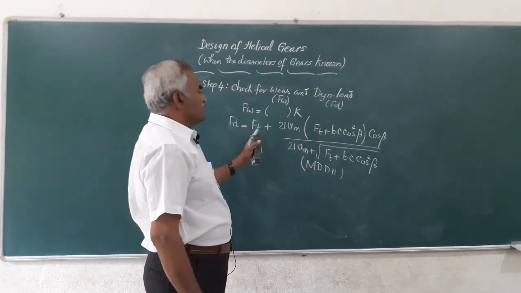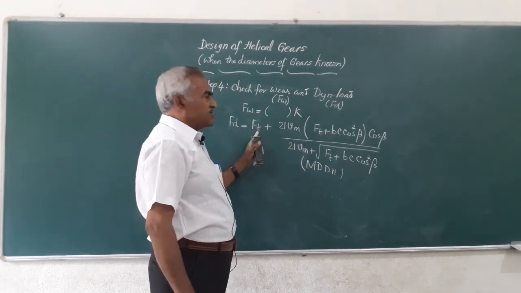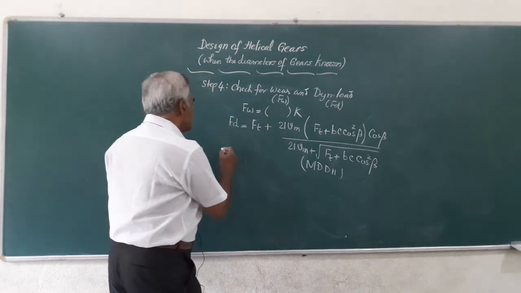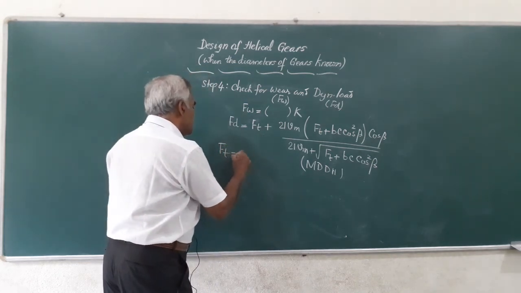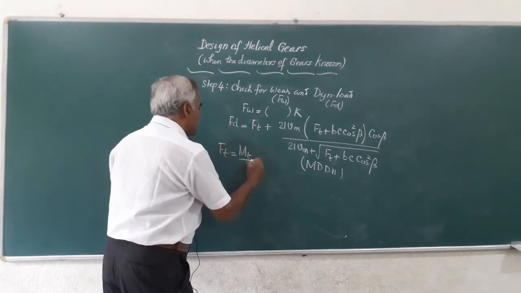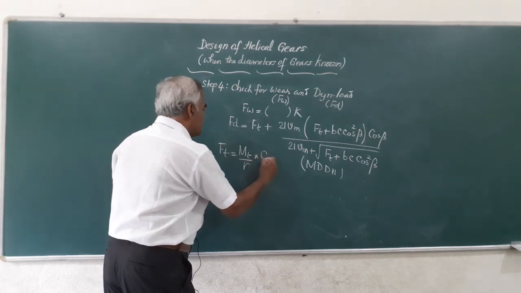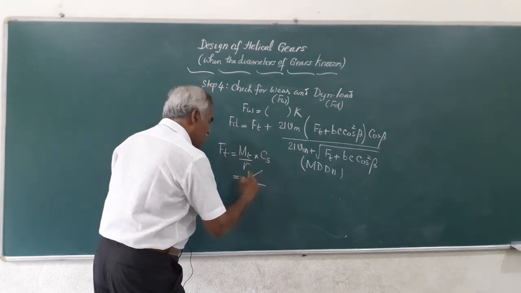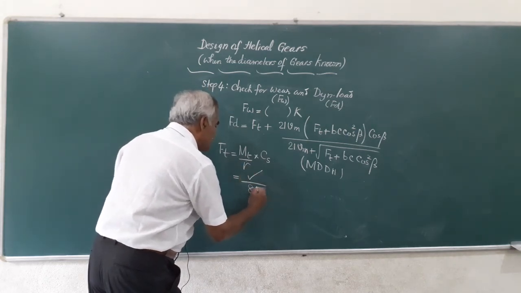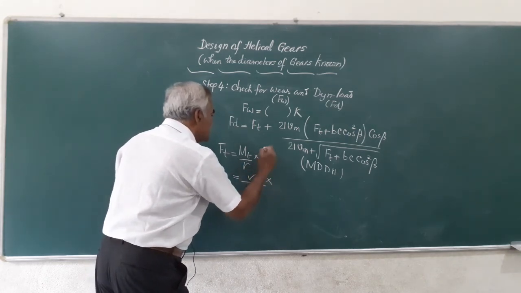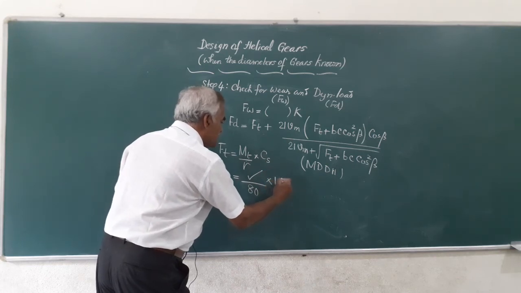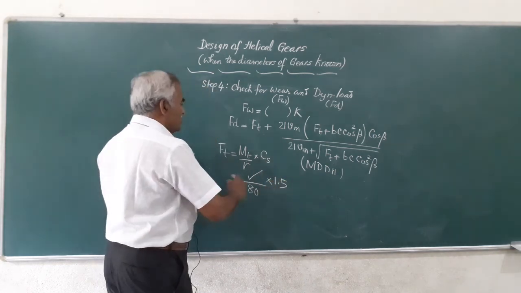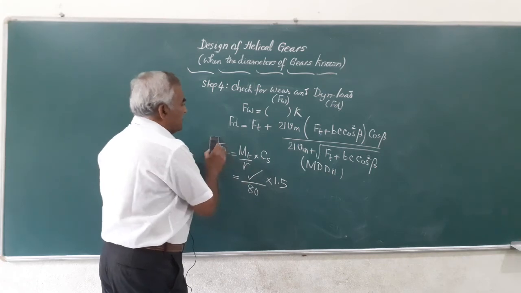Friends, here we know Ft, the tangential load, and this tangential load Ft is given by Mt by r into Cs. This Mt we have calculated, r is r1, the radius of the pinion, which is 80, and this Cs is the service factor. Taking this as 1.5, you will be able to get the value of Ft.